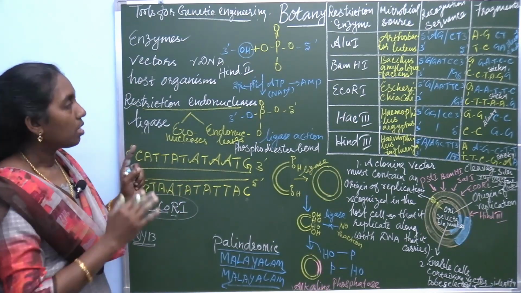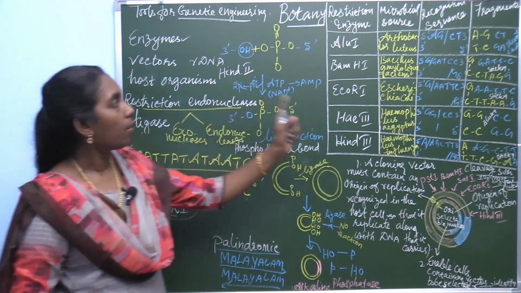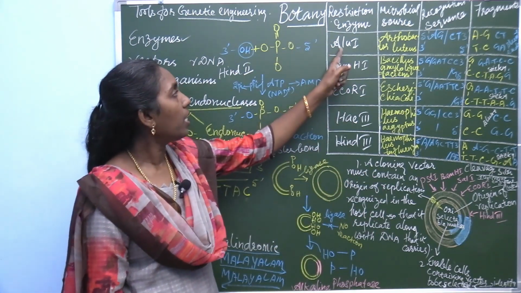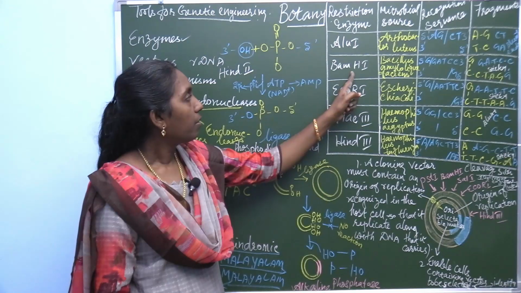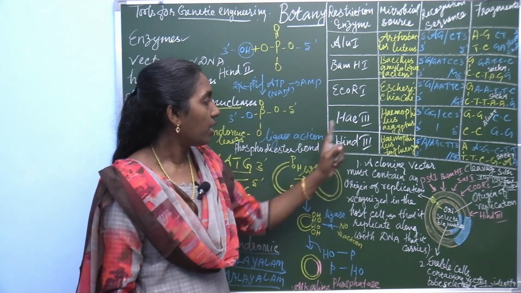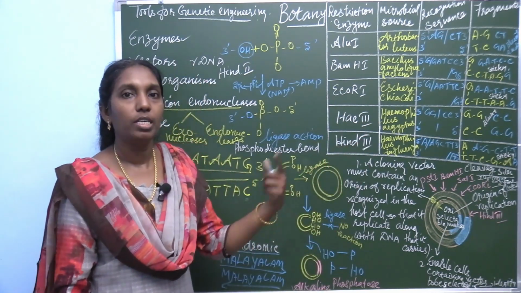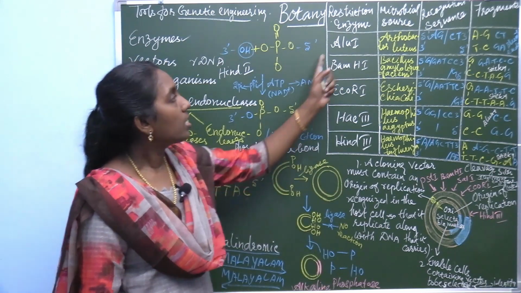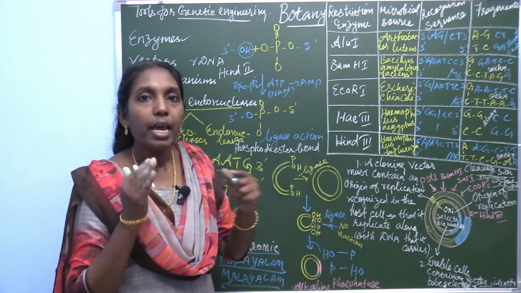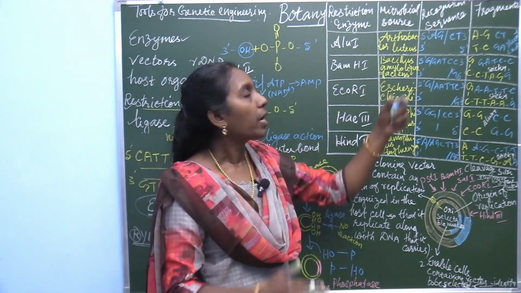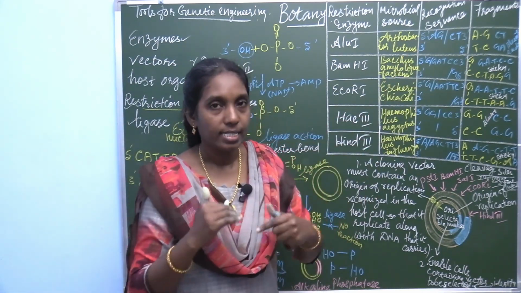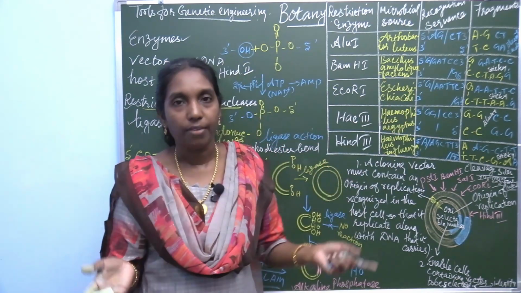Now there are some examples here. Look at this table column. There are different types of restriction enzymes, namely AluI, BamHI, EcoRI, HaeIII, HindIII and so many more. This table is given in your book, and it shows the name of the restriction enzyme, the microbial source, the recognition site and the fragments.